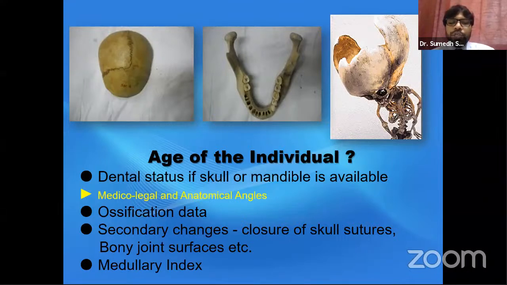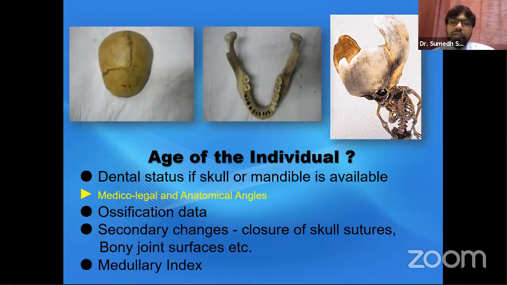Then bony joint surfaces, you can observe the bony joint surfaces. If you see the pubic symphysis, the changes at different ages are already recorded, so you need to observe these changes. And then further, you will get the medullary index also.